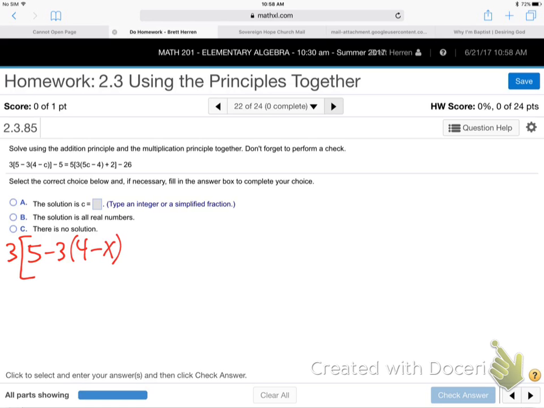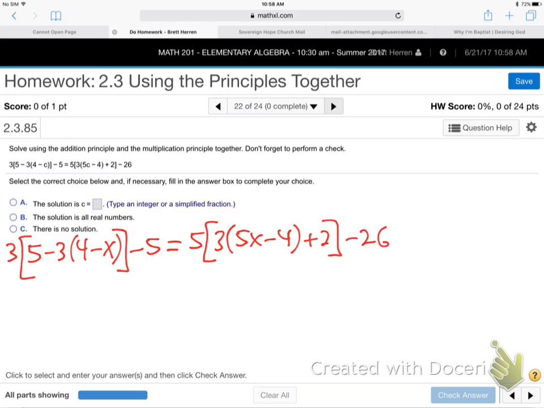I'm going to make it an X instead of a C. Okay, there we go. Big, ugly mess. So, yeah, you just got to be careful. There's nothing, like I said, quite this messy on the test.